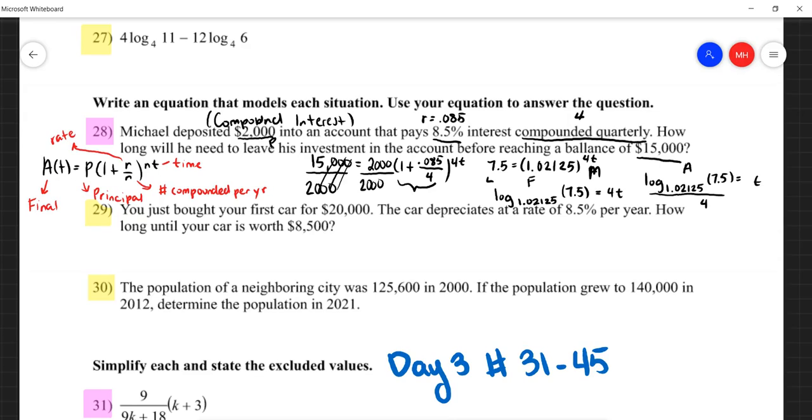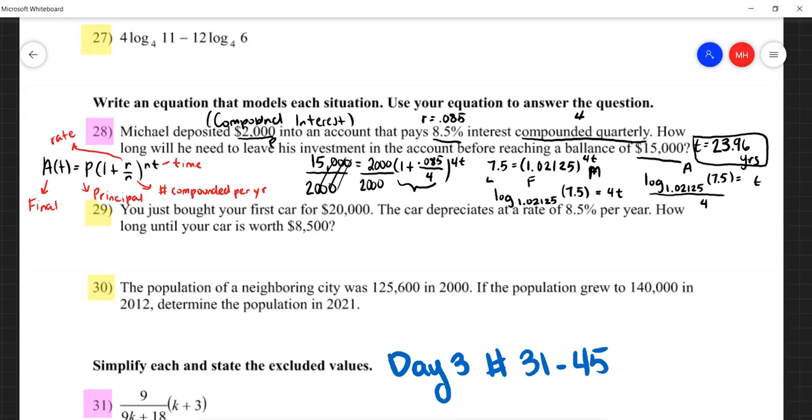So if we type that into our calculator exactly as is, we get that t is equal to 23.96 years. So that's how long it would take before Michael's initial deposit of 2,000 reaches 15,000.